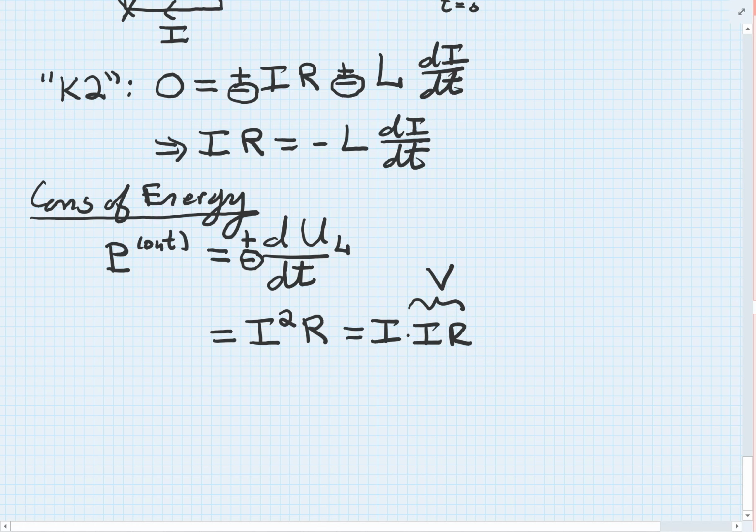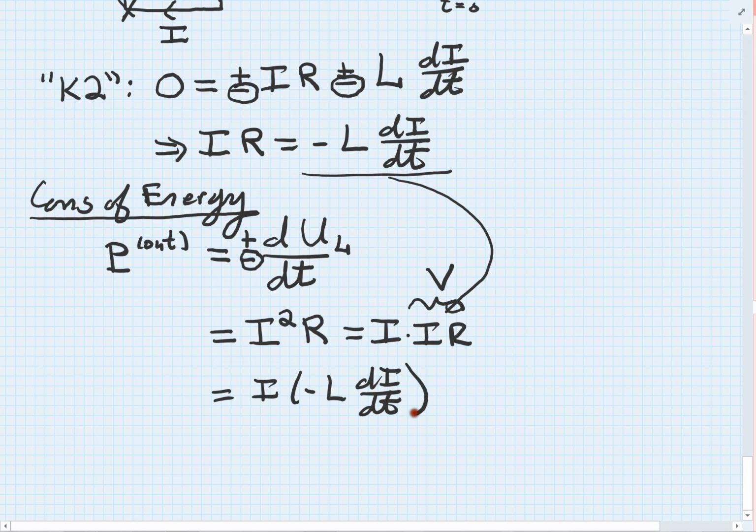But the advantage of writing it this way is I know what IR is. I can substitute this in for IR, and then what I will find is I times minus L dI/dt. Or if I rewrite this slightly, it's equal to minus L times I times dI/dt.